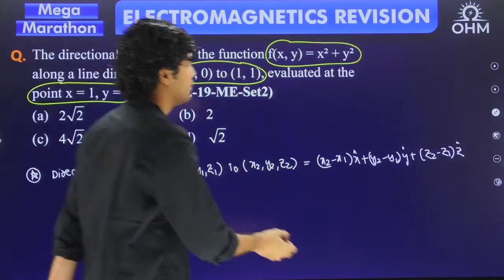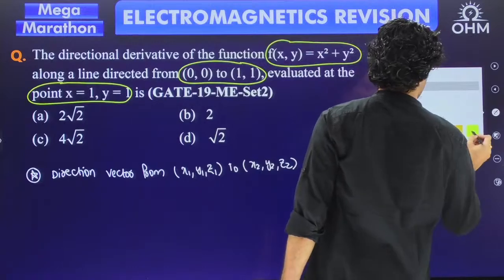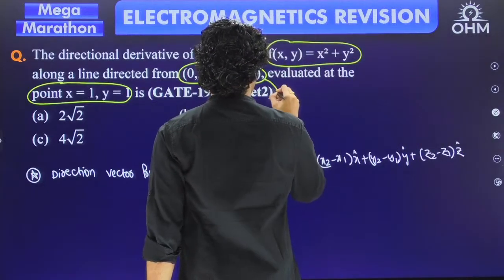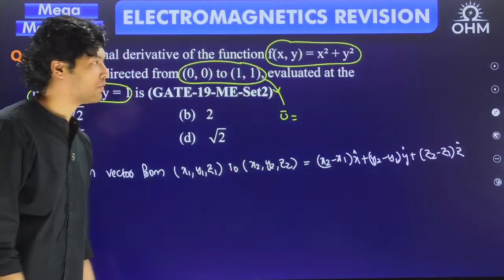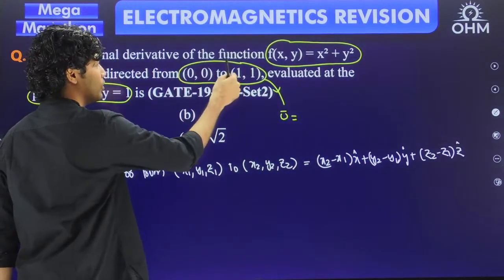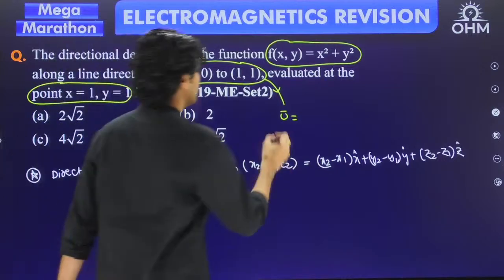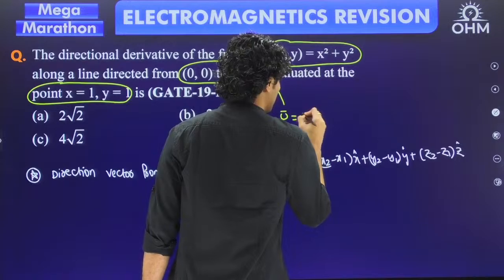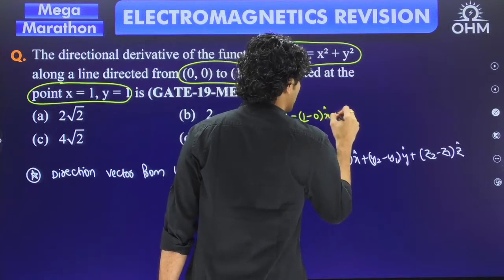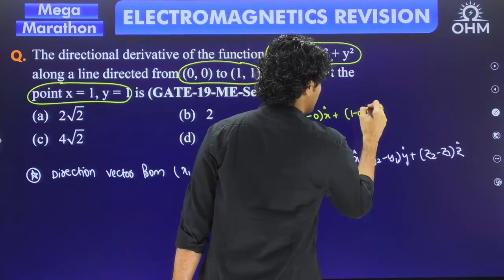So on the basis of the given data, what is u bar? U bar, which is a direction vector directed from first point to second point. x1, y1 are 0, 0, x2, y2 are 1, 1. So this becomes 1 minus 0, which is nothing but 1, 1 minus 0 times x cap plus 1 minus 0 times y cap.